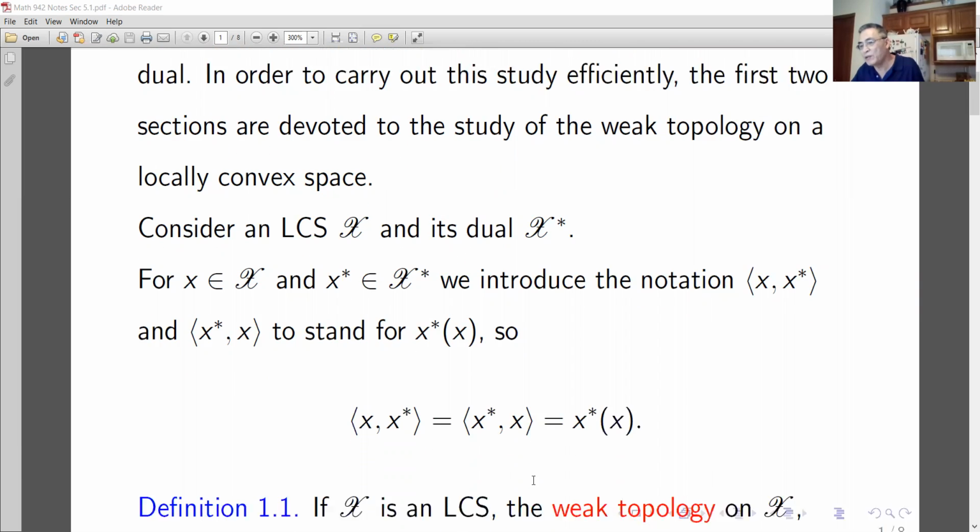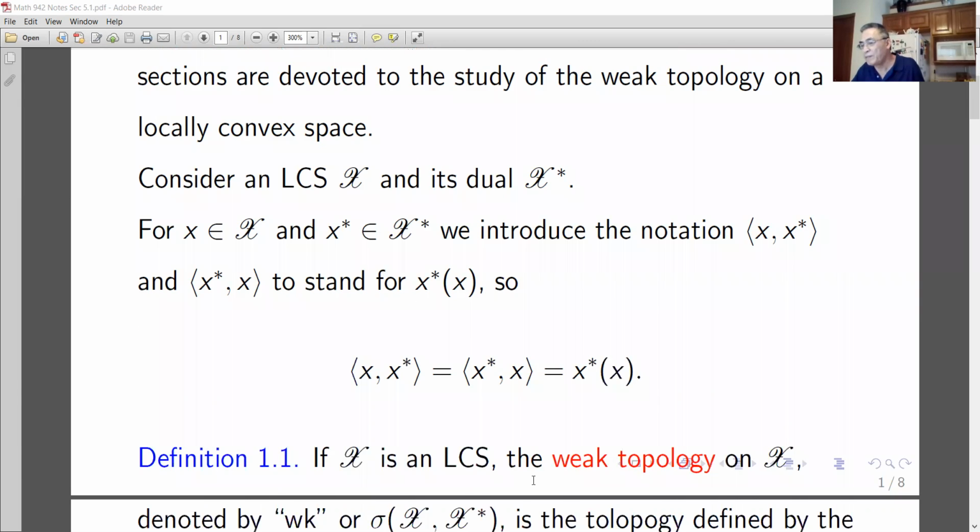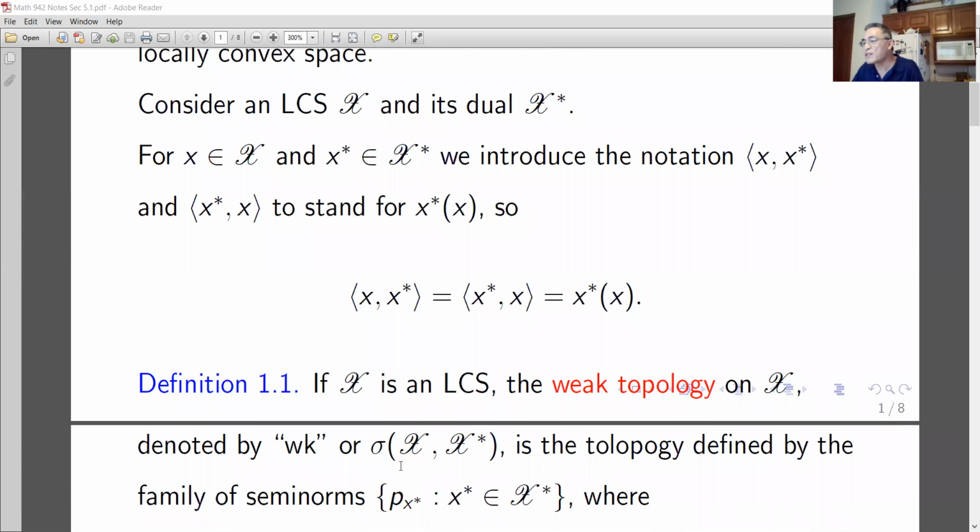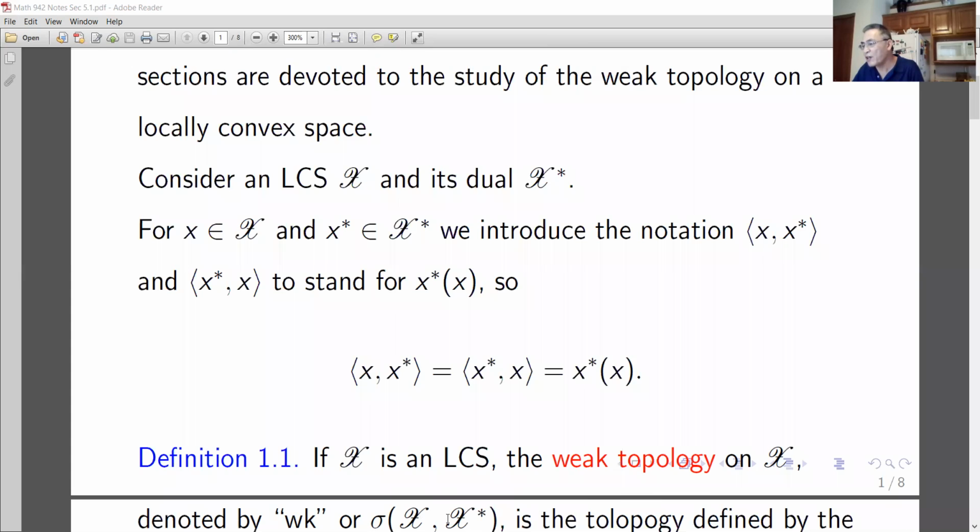So now we are going to define the weak topology. If X is an LCS, the weak topology on X, denoted by wk or sigma of X, X star, this is just a notation for the topology, okay?